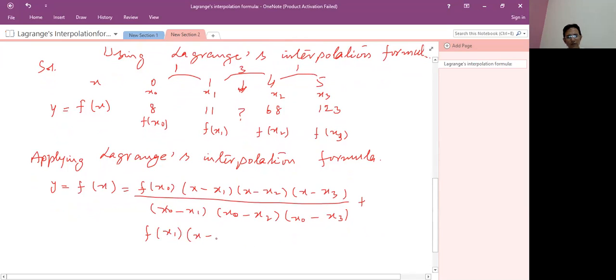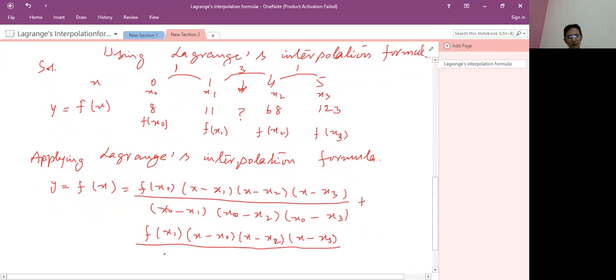Now the second, when we consider f of x1, it means x minus x naught, x minus x2, and x minus x3. x1 is not considered in this way, student.